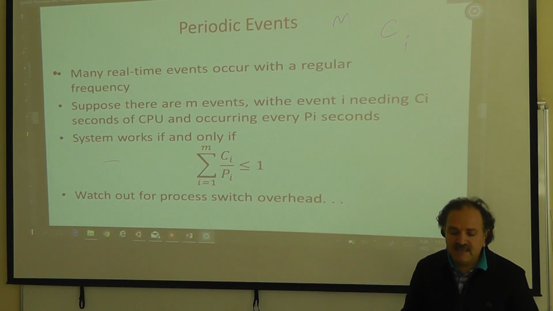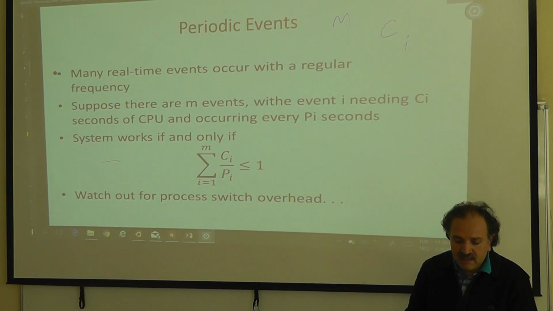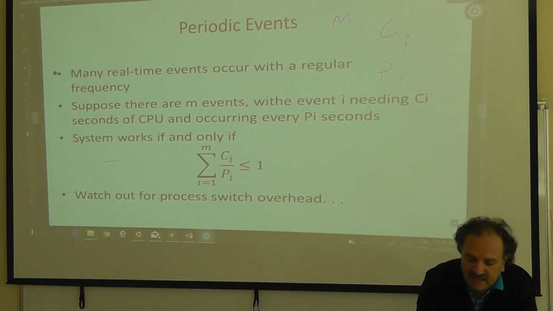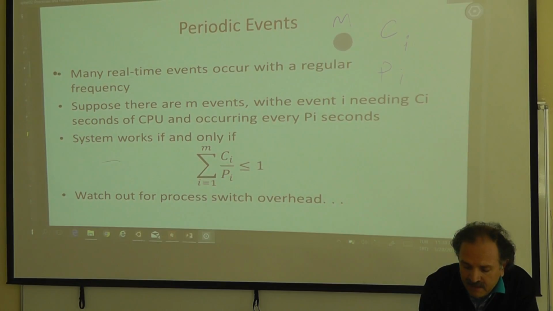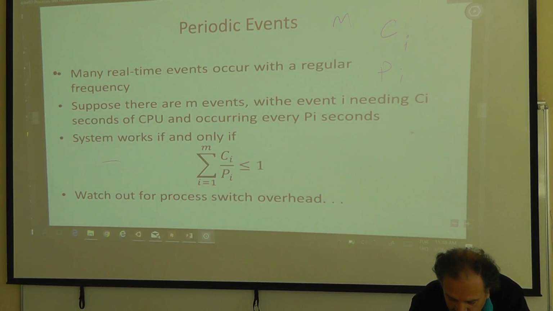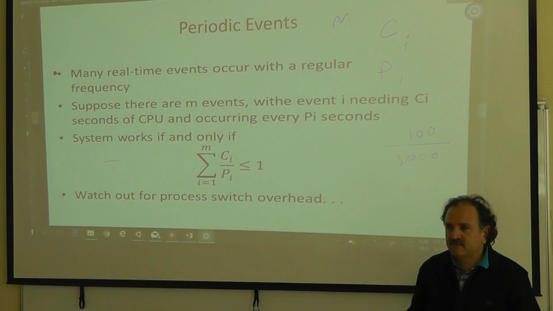Let's say it uses 100 milliseconds of CPU time, and this process number i runs every Pi milliseconds or seconds. Let's say this process uses 100 milliseconds when it runs, but it runs every 3 seconds. So that means that it uses 100 milliseconds, but it runs every 3,000 milliseconds.